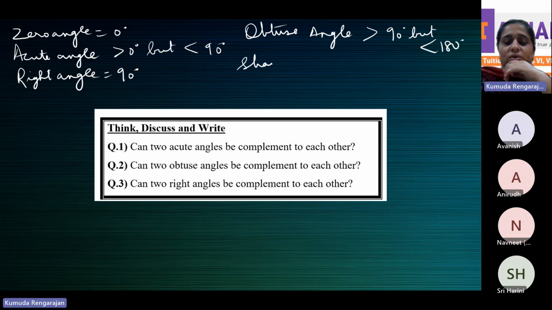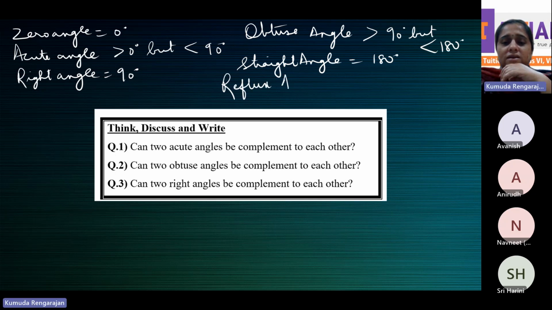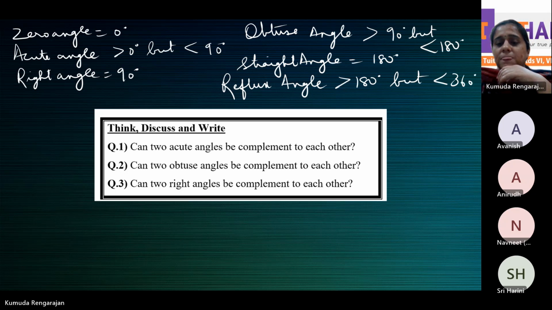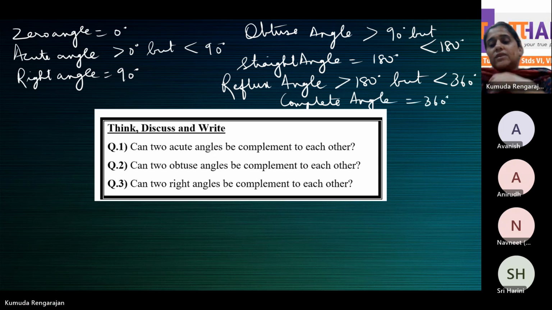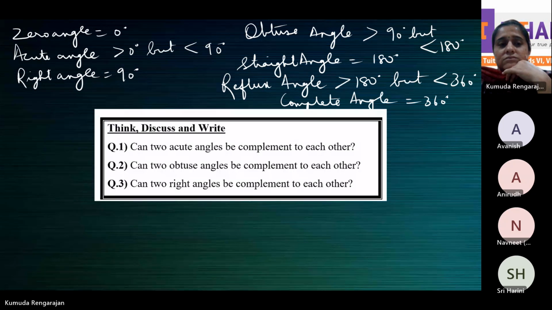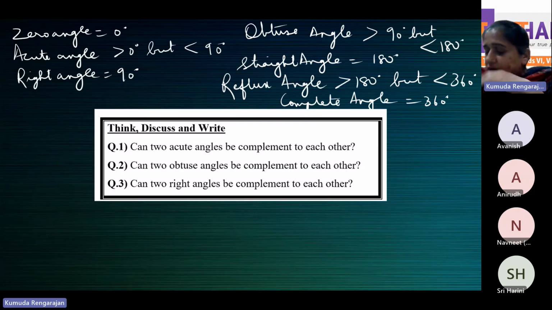Then straight angle is equal to 180 degrees. Reflex angle is greater than 180 degrees, but less than 360 degrees. And a complete angle is equal to 360 degrees. Those who are not sure about this can take a picture. Take a screenshot and learn it up.